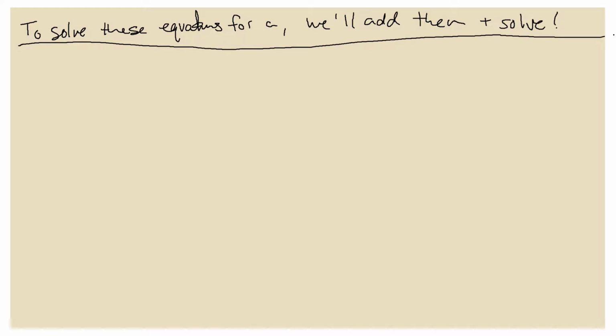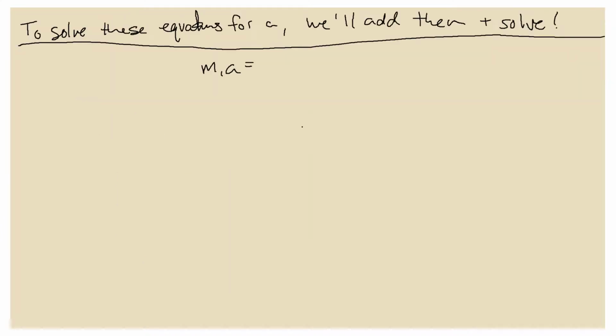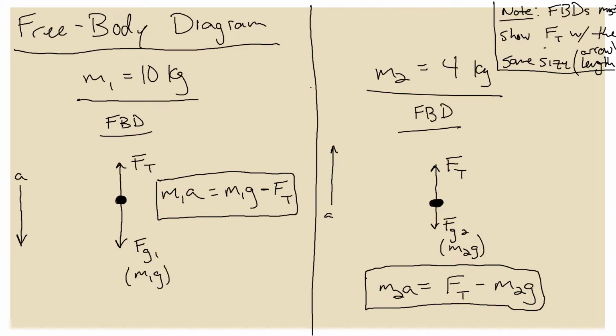When I add equations, I just literally write them right on top of each other. So I got M1A equals M1G minus FT. And for the other one, I have M2A equals FT minus M2G.